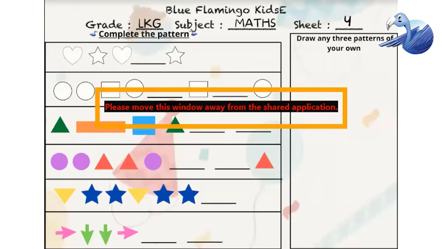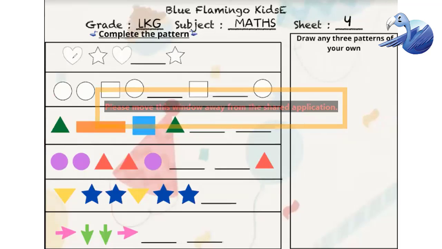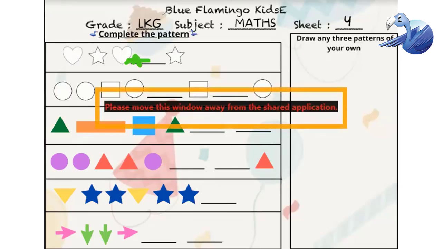Yeah. So in this worksheet, students, here is heart, star, heart, then again star, again stars. Wait, I will draw it neatly. And one more heart.